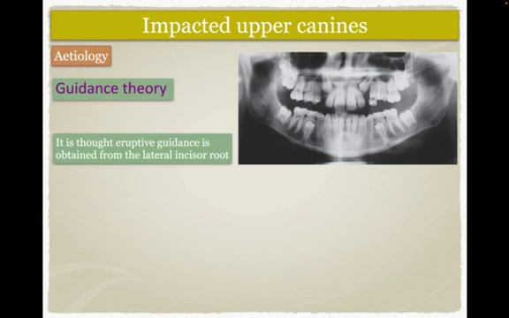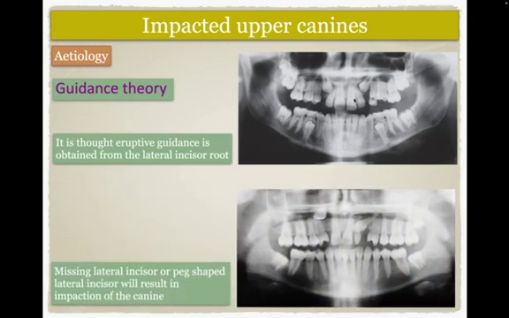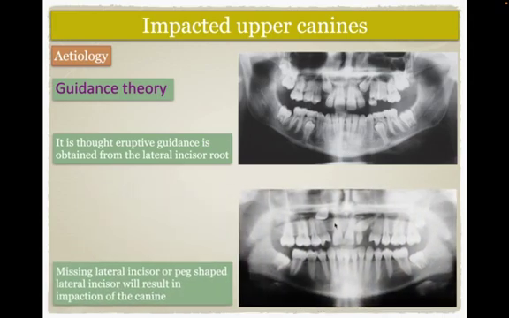The guidance theory. This theory states that the distal side of the root of the lateral incisor gives guidance for the canine to erupt. And when this lateral incisor is missing or peg shaped, the canine will lose its path and will not erupt.